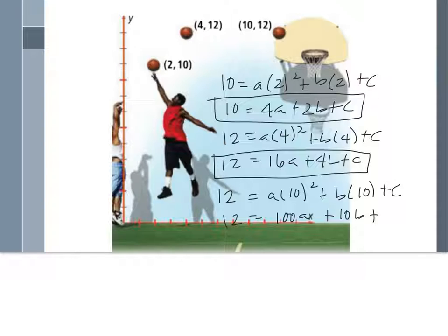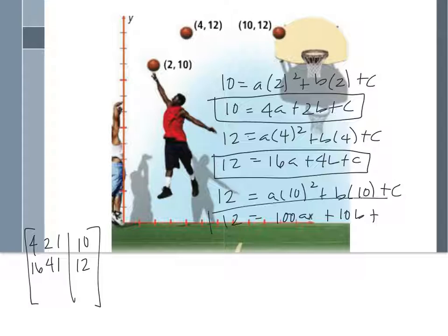So if I set this up as a matrix, this would be 4, 2, 1, 10. And then 16, 4, 1, 12.